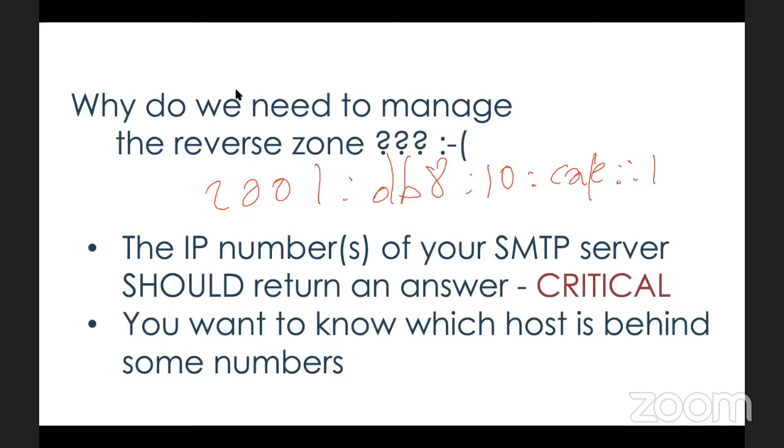And you want to know from this address, what is the name? What is the name behind this number? You manage all your IPv6 address, but you don't know what is the name. So you have the name because you will insert it into the reverse zone file.